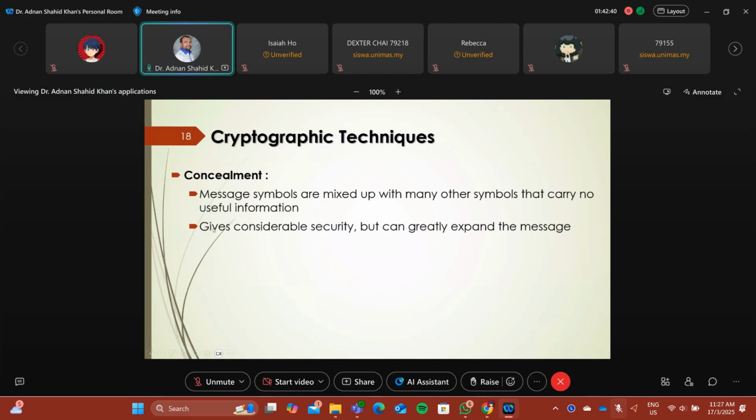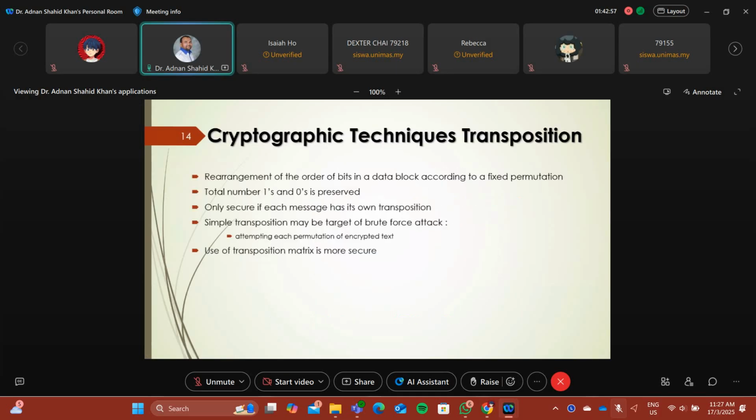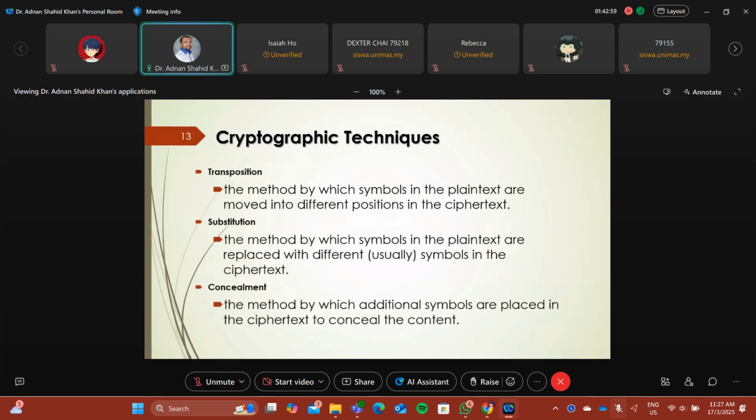But the weakness is, while it gives considerable security, it can greatly expand the message, becoming a fat message. So this one is concealment. These were our three very baseline algorithms for encryption and decryption.